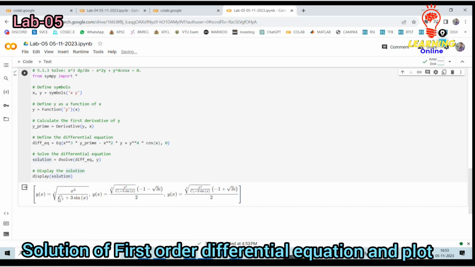Then the other solution corresponding to that expression is y of x, cube root of x cube divided by c1 plus 3 sin x, into minus 1 minus root 3i divided by 2. Similar to that is another expression. One is a positive value, another one is a negative value, because of the complex number that is present.